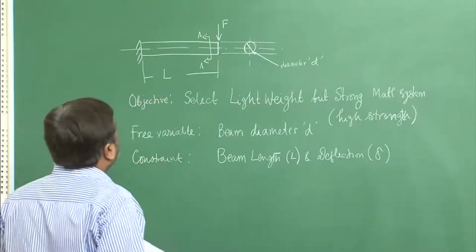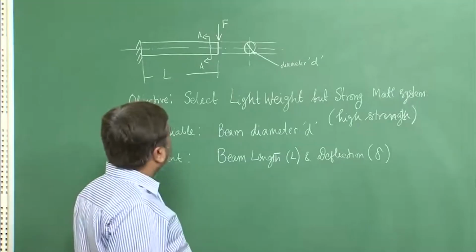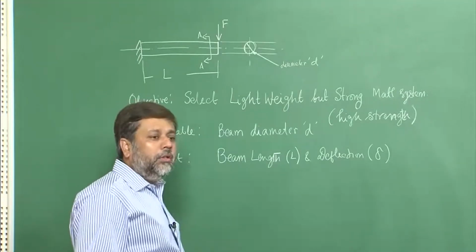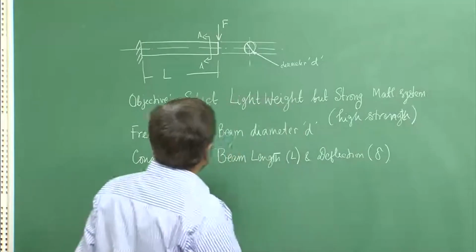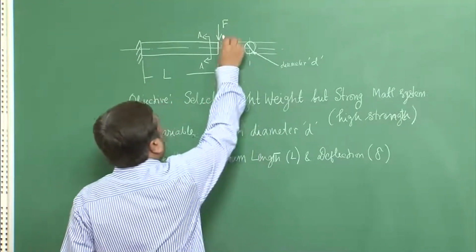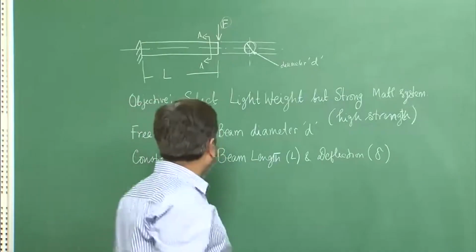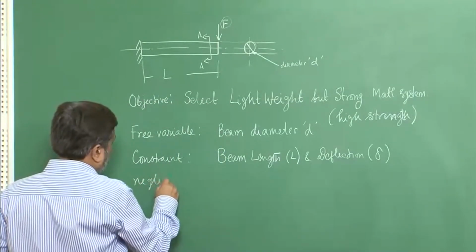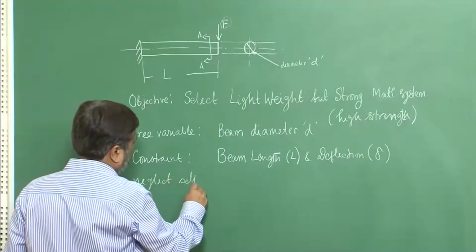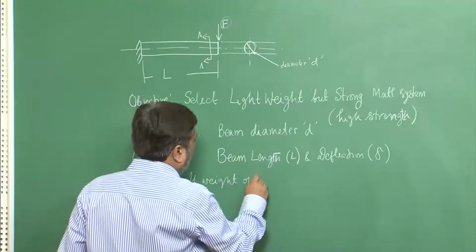Now, in this case the beam should not fail. So, that means I have to find out what is the maximum stress that can be generated in this beam due to the effect of this force F. Let us, for the simple engineering analysis, neglect the self weight of the beam.